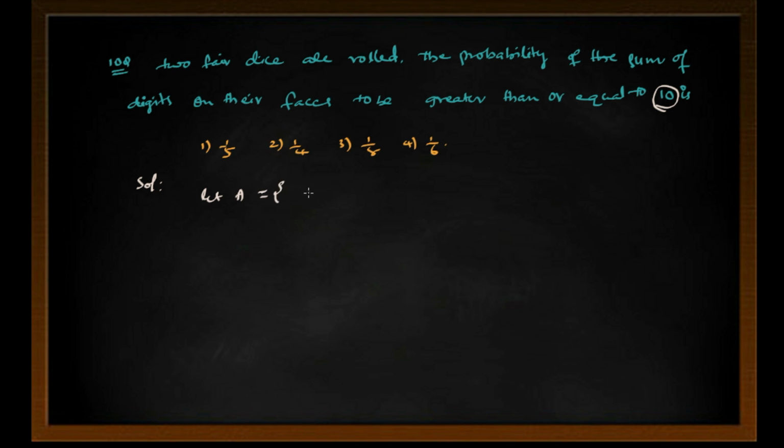For sum 10: 6 comma 4, 5 comma 5, and 4 comma 6. Now greater than 10: 6 comma 5 and 5 comma 6, sum 11, only 2. Next 6 comma 6, sum is 12.